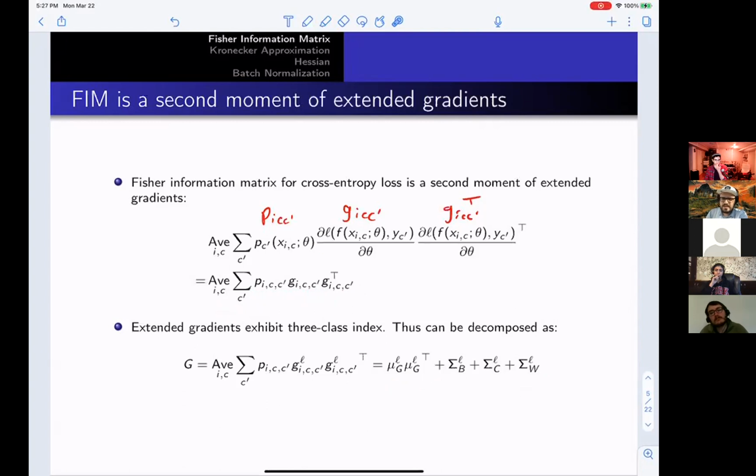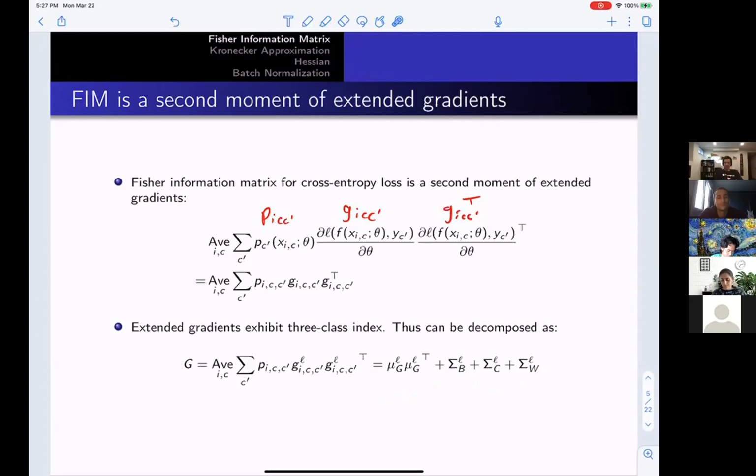You remember in the previous lecture, we said that if there's a 3-index structure, then we can define a rank 1 matrix associated with the global mean, a between class covariance associated with the class means, a between cross class covariance associated with the cross class means, and a within cross class covariance. Does anyone remember such a thing in the very non-distant past? I can see small nods of agreement.